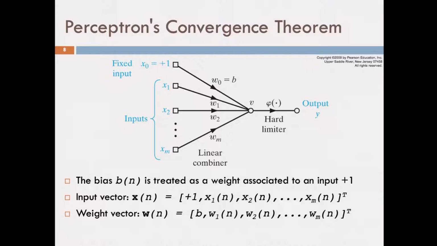Here is the concept of the perceptron. You have a training instance, which is an example. It has n features, and to each feature you associate a weight.